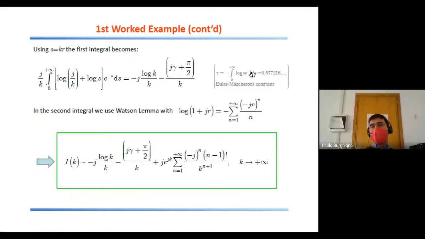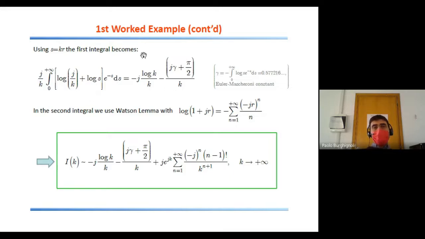This is a standard representation of an important mathematical constant, which is given with a few decimal places here, 0.577216 and so on, the so-called Euler-Mascheroni constant, which is an irrational constant. Well, actually, we do not even know if it is rational or irrational. It is rather mysterious. As far as we know from calculating its decimal places, we have not found a period so far. So it seems irrational, but we don't have a proof.